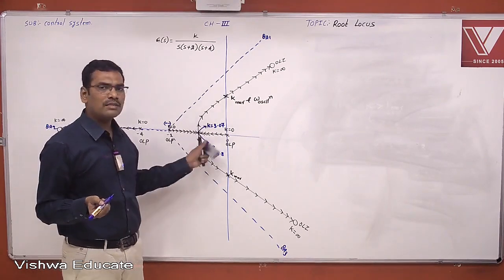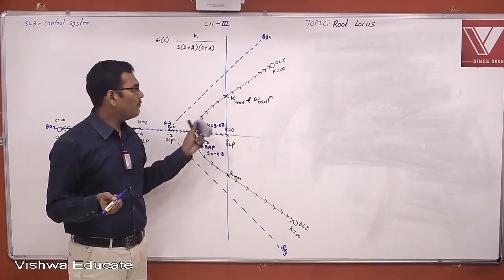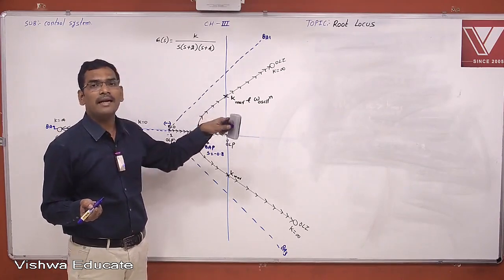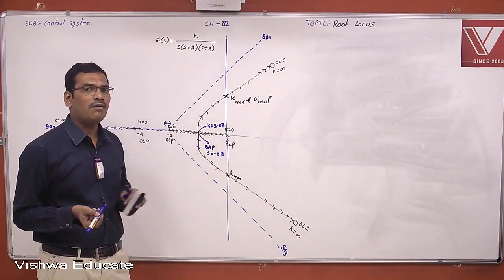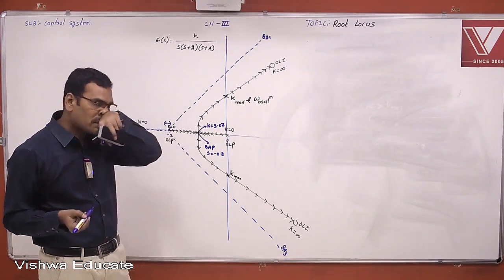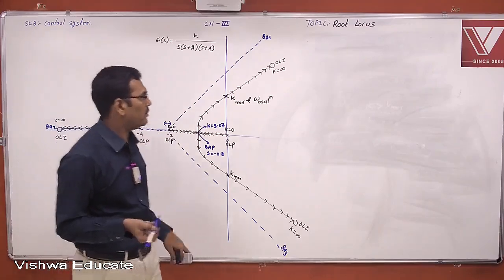When will this root locus diagram become overdamped, underdamped, undamped? Now, what is the range of values of K? This is a very, very important question from the GATE examination point of view.